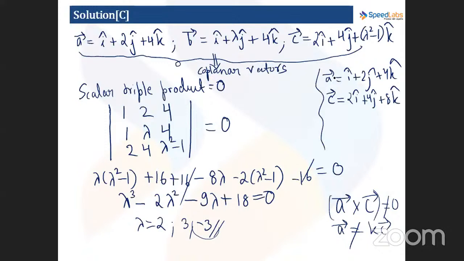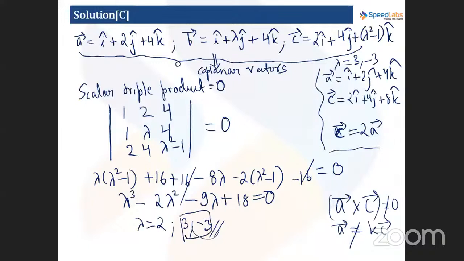So you can see here that when lambda equals 3 or minus 3, C is clearly 2 times A vector, but it is given that A cross C should not be equal to 0.